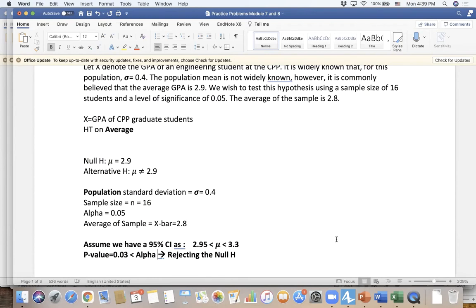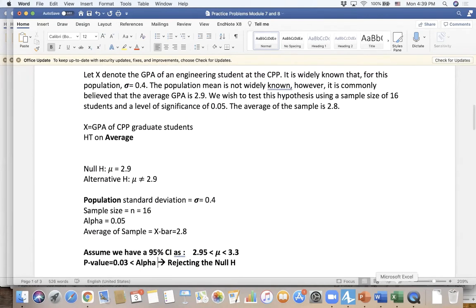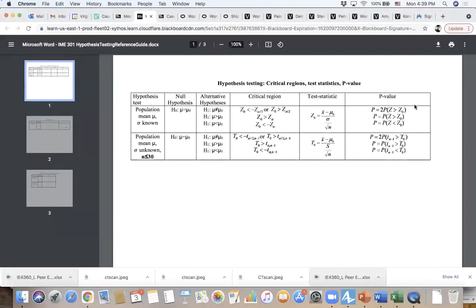Professor, for this particular example, when we want to find p-value, the formula is 2 P(z bigger than z naught). So would we write 1 minus 2p or 2 times 1 minus p?